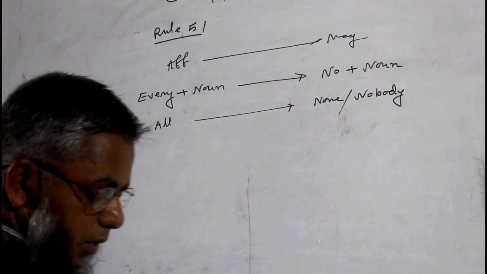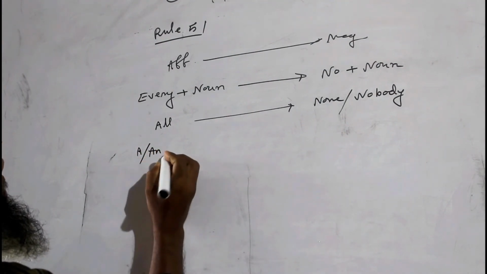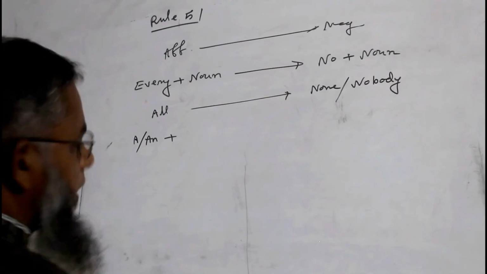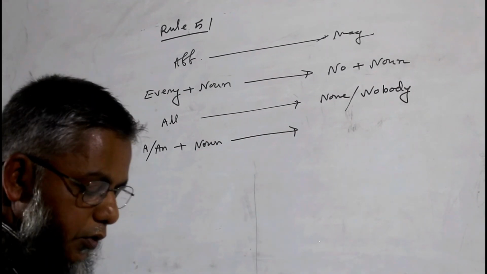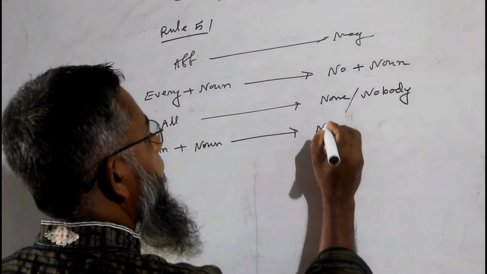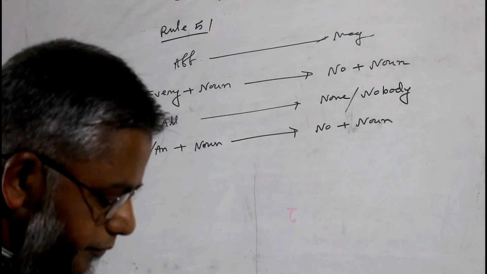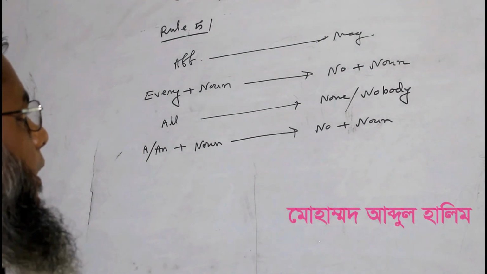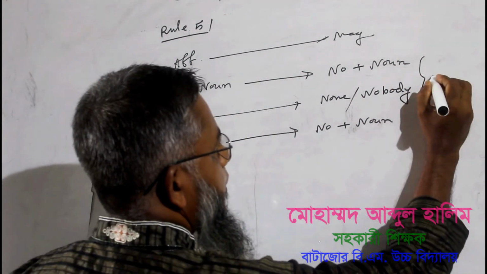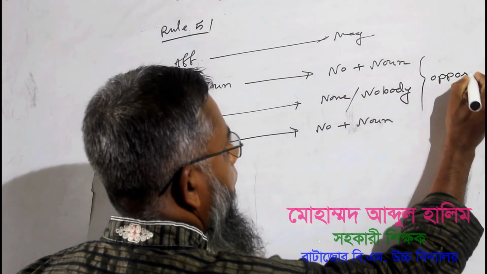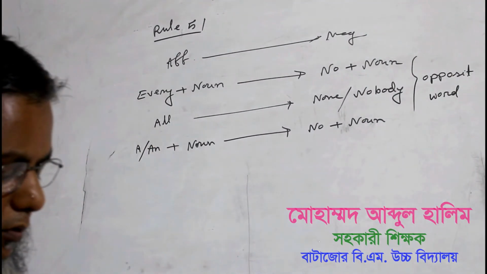And if you say even a or an plus noun, you have to use no plus noun in the negative form. And after this, you have to use opposite word.